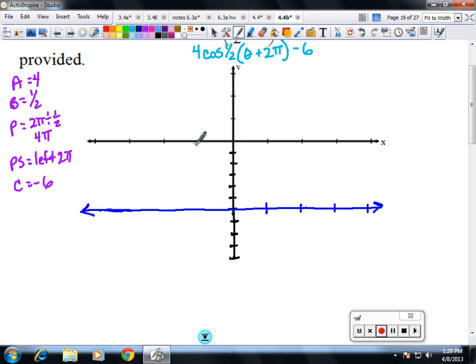My amplitude is 4, so I'm going to go 1, 2, 3, 4. And 1, 2, 3, 4. 4 above, 4 below. This just helps me figure out where to bounce.